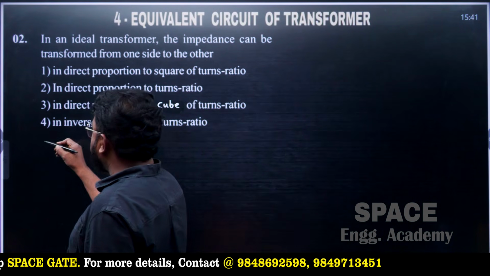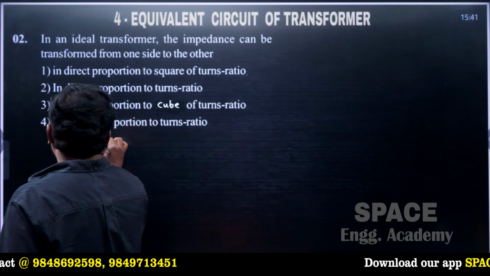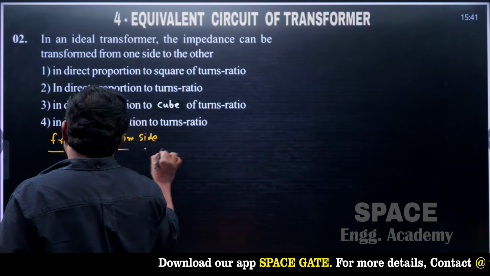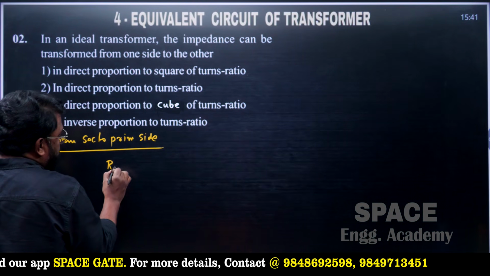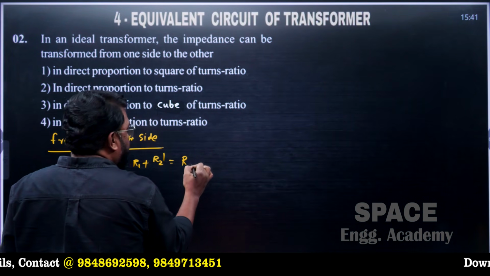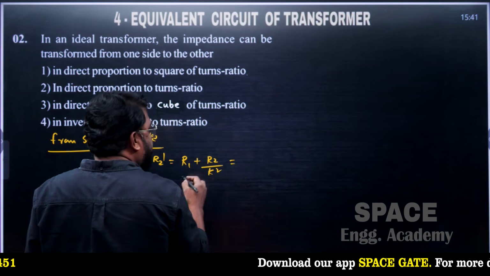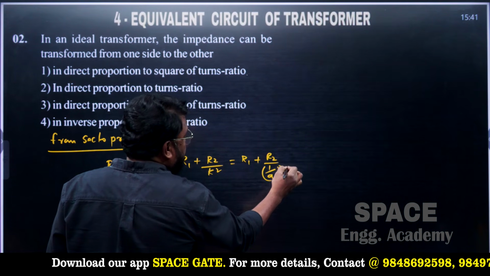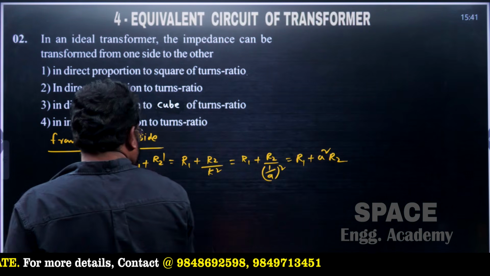In an ideal transformer, the impedance is referred from secondary to the primary side. For example, R01 is equal to R1 plus R2 dash, where R2 dash is R2 by K square. Since K square is 1 by A square, this gives R1 plus A square times R2.